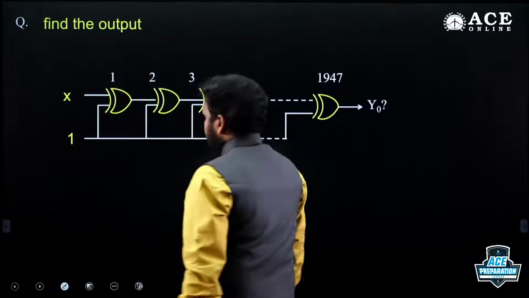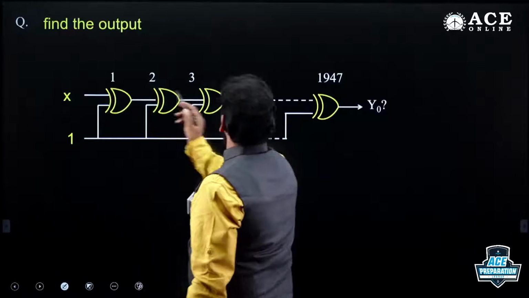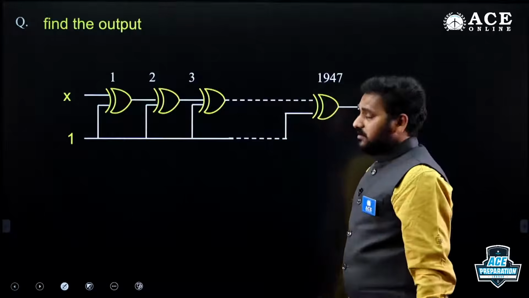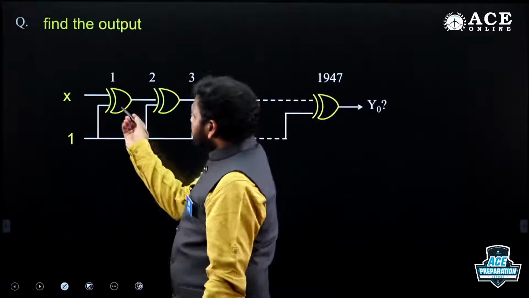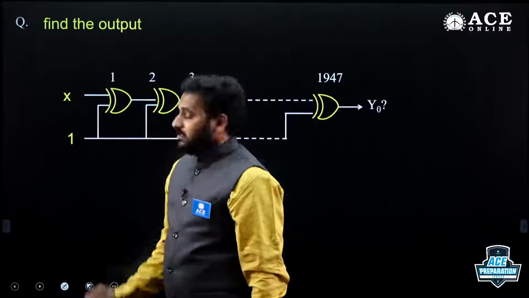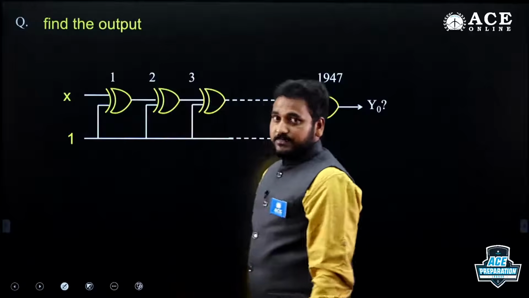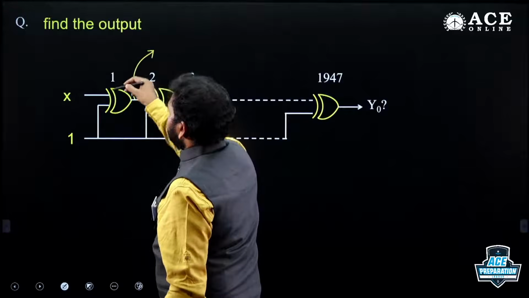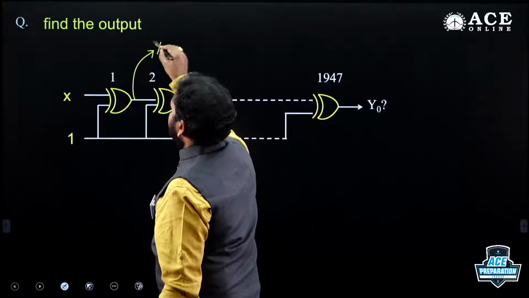See guys, n number of inverters are connected. Inverters? Sir, how do you know? You know, this is what we have discussed: if one input of an XOR gate is connected to logic 1, it acts as what? A NOT gate. What is the output after the first NOT gate? Complement of input, X bar.